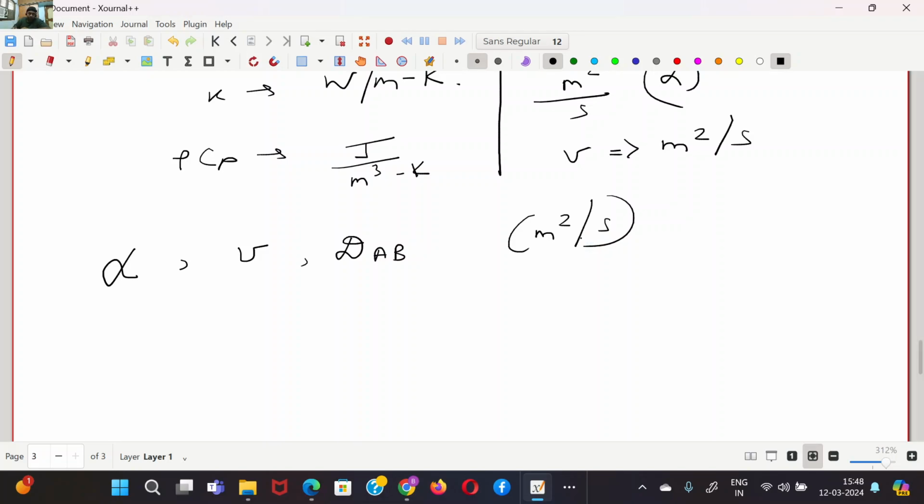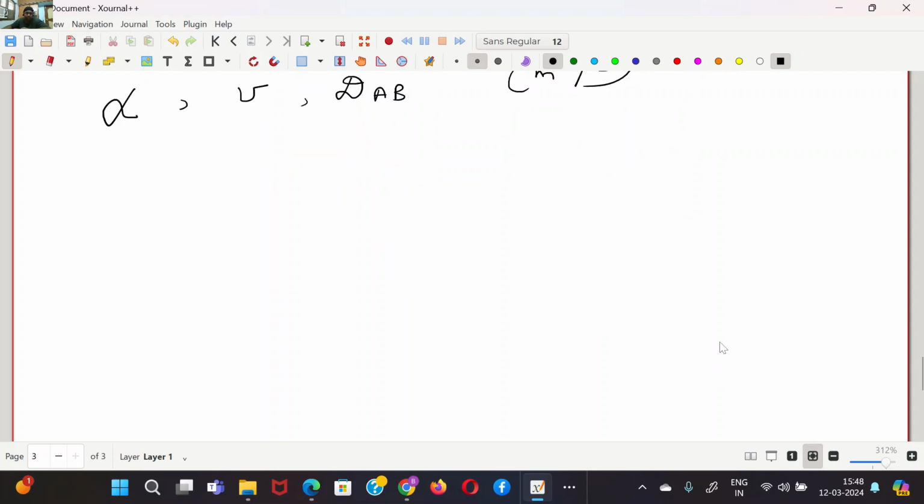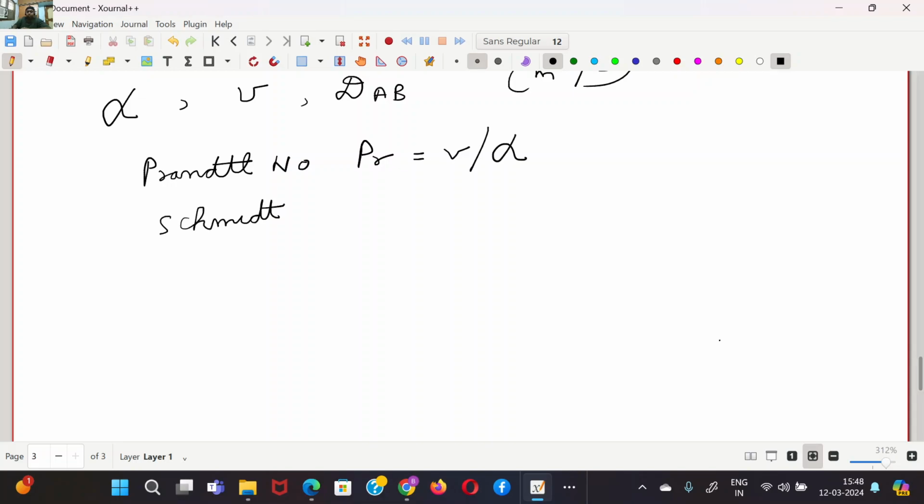So there are some dimensionless numbers. Again, most of them are probably unnecessary, but I thought I'll mention them. One is called the Prandtl number. It's represented by Pr, and it's nu by alpha. Nu is the momentum diffusivity, alpha is the thermal diffusivity. Like that, we have something called the Schmidt number.